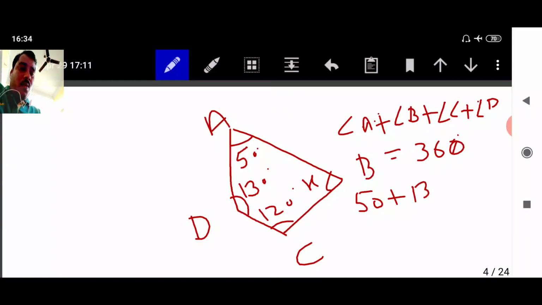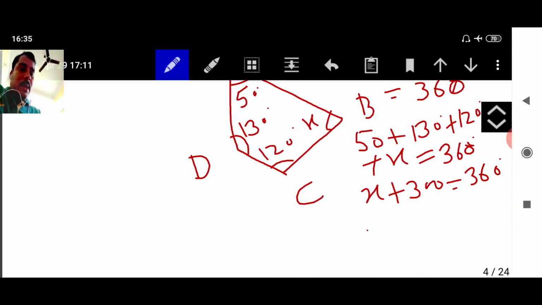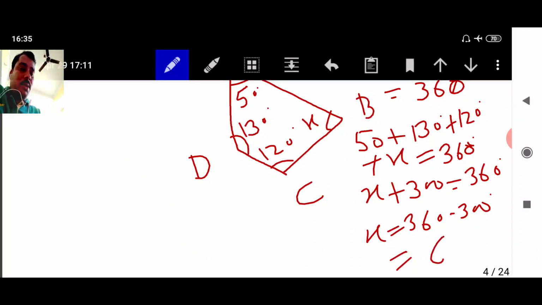Plus 130 plus 120 plus x equal to 360. 50 and 130 is 180, 180 and 120 is 300, and x plus 300 equal to 360 degrees. So x equals 360 minus 300, and you get 60 degrees.